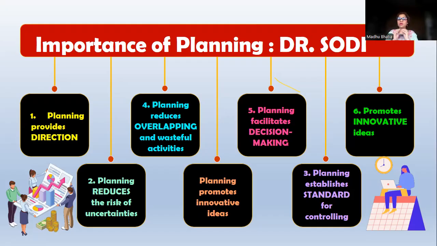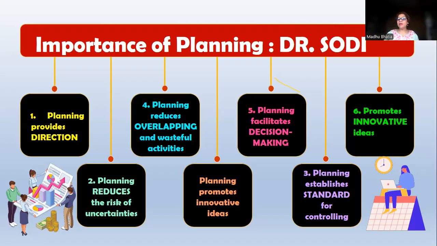So that is when you see you cannot change the environment. You cannot change the decisions, but what you can do is change your actions. So in order to encounter the uncertainties, you have already planned, and that is how you reduce the risk of uncertainty.